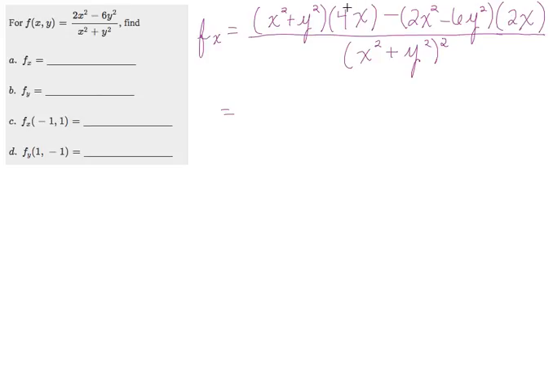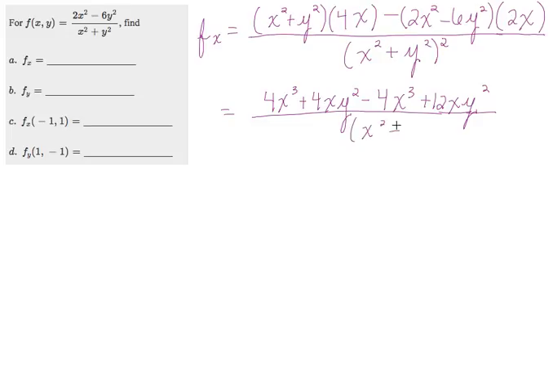So distributing this 4x out on top would give us 4x cubed plus 4xy squared. Distributing this 2 out and this negative as well will give us minus 4x cubed, then plus 12xy squared, all over x squared plus y squared, all squared.